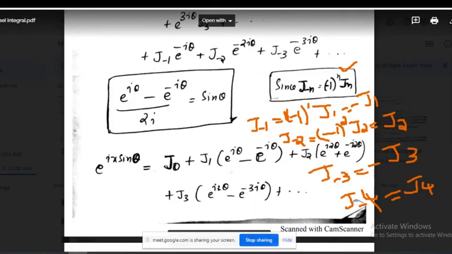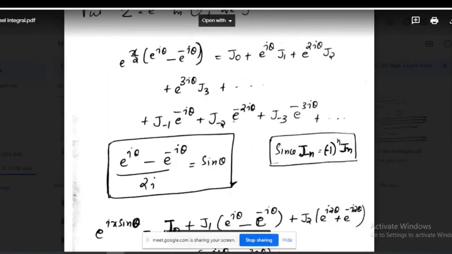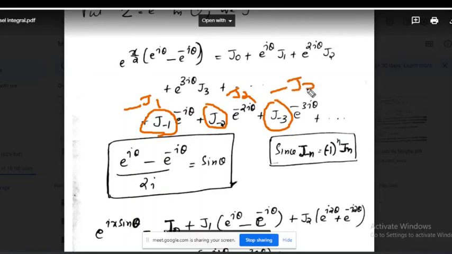For odd numbers, J minus n will be equal to minus Jn. So here, J minus 1 is equal to minus J1. Here J minus 2 is equal to J2, and J minus 3 is equal to minus J3.